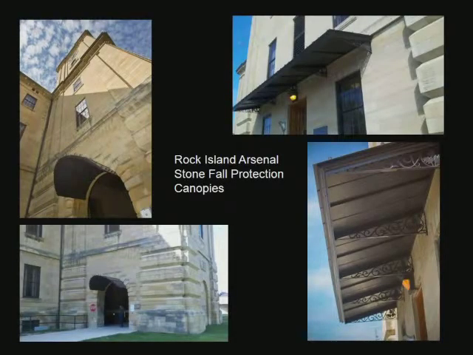Now here we have an example of an architectural project. And what we're looking at here are fiberglass panels on the top section, a stainless steel structure under it, and the fancy filigree that you see on the long straight canopy is cast aluminum.